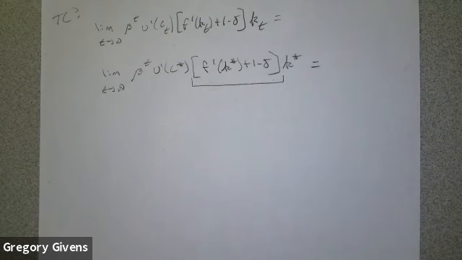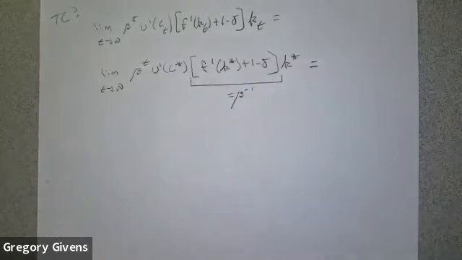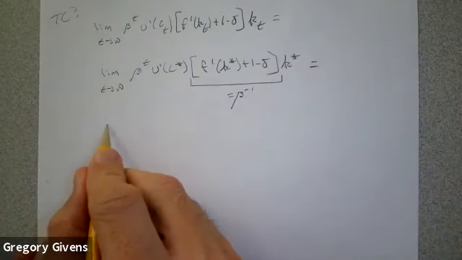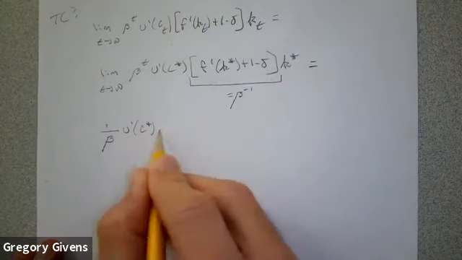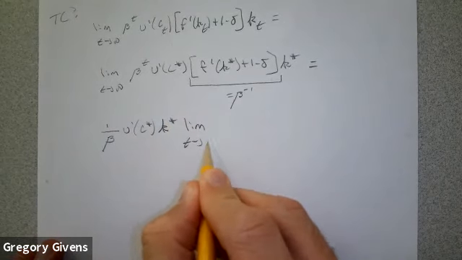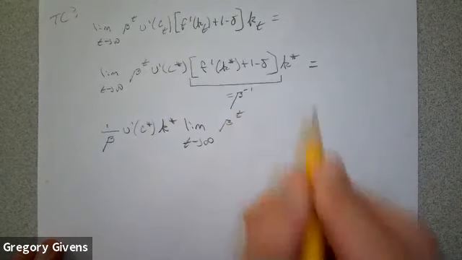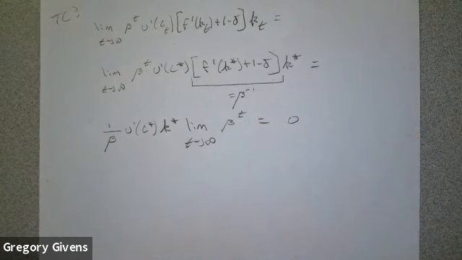You can rearrange the steady state condition for capital and show that that is equal to beta inverse. So this becomes 1 over beta, u prime of c star, times k star, times the limit as t goes to infinity of beta to the t. What's that limit expression equal? 0, because beta is a fraction. So the transversality condition is indeed satisfied.